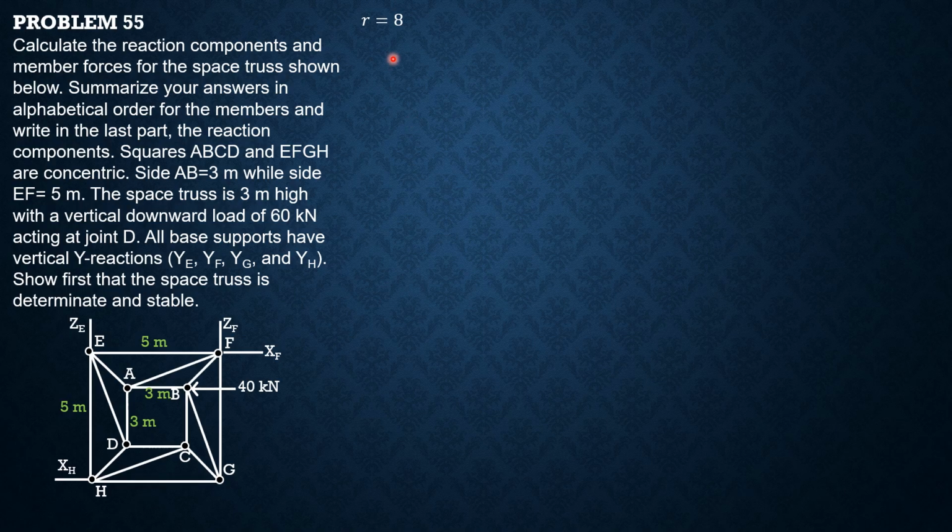So R is 8 reaction components, joints 4 below, then 4 above, so 8, then bars 16. The criterion is R plus bars must be equal to 3J. So 8 plus 16 is equal to 3 times 8, 24 equals 24. Therefore, this space truss is stable and determinate.